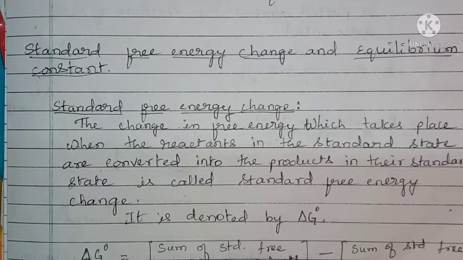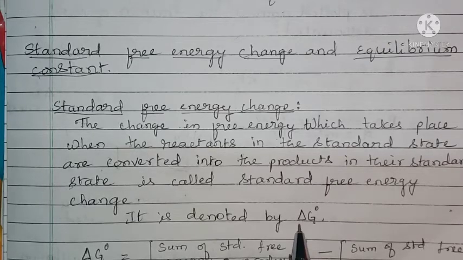In these conditions, the reactants are at standard states. Whenever they undergo some reaction and give products, those products must be in their standard state. During this reaction, the change in free energy is called standard free energy change. It is denoted by delta G naught.